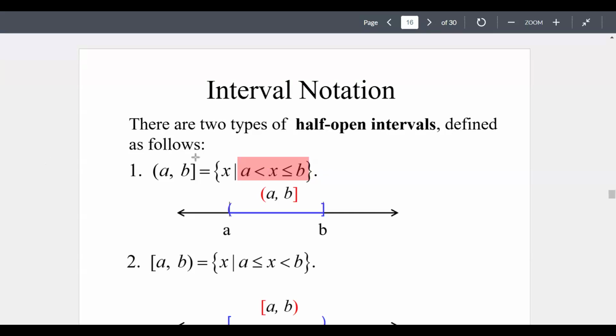So if x is strictly greater than a, then we write our interval with a parenthesis at a to represent that strict inequality. And on the other side, x is less than or equal to b, so we use a bracket to signify that there is an inclusion there. So that is an equality involved.